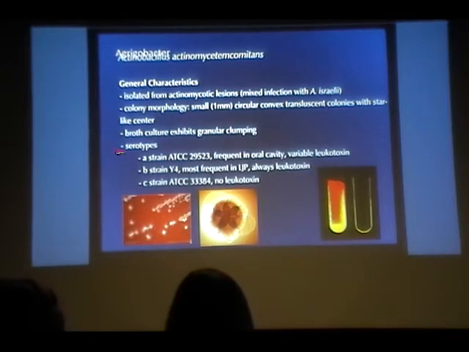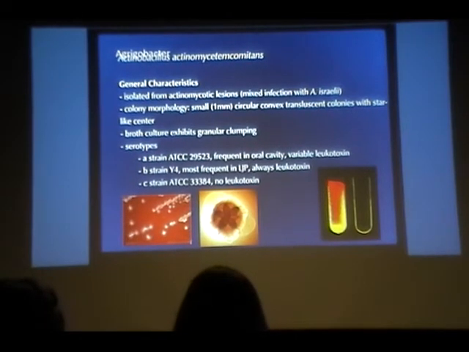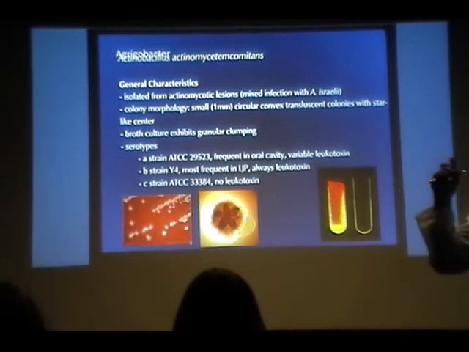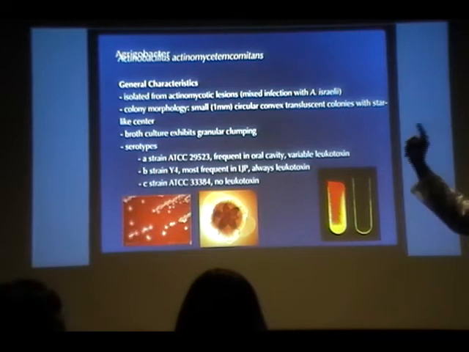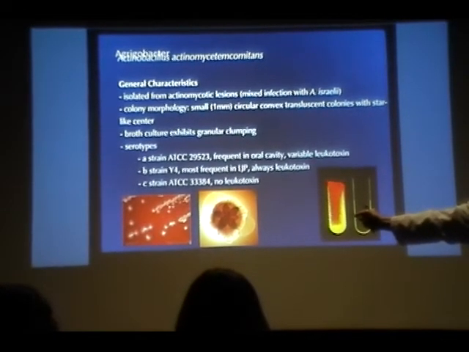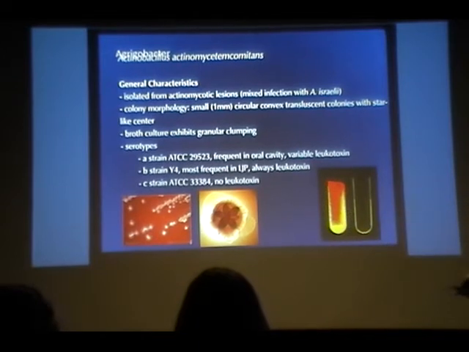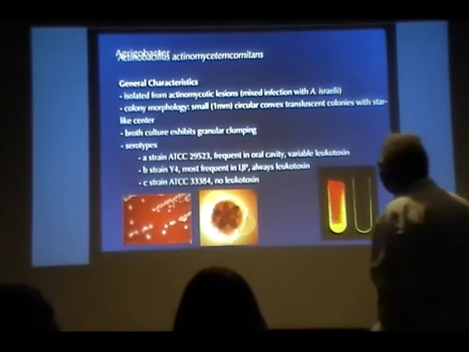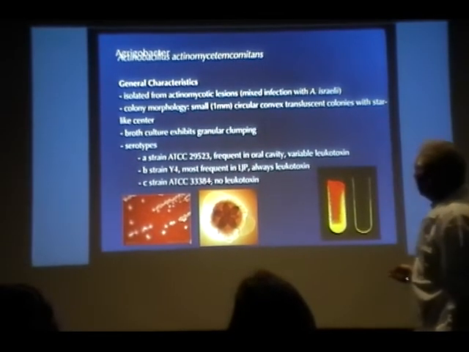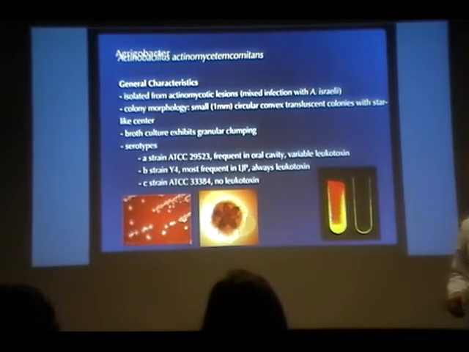This is very important, the serotypes. The A strain, serotype A, is frequently found in the oral cavity, but it has what is referred to as a variable leukotoxin. Now I'm talking about a very important virulence factor, leukotoxin. This is extremely important. The B strain is the most frequent in localized juvenile periodontitis. It's the one that always expresses leukotoxin. Okay?